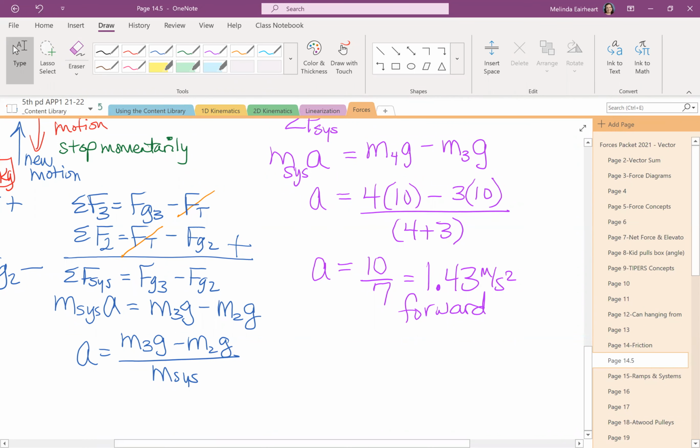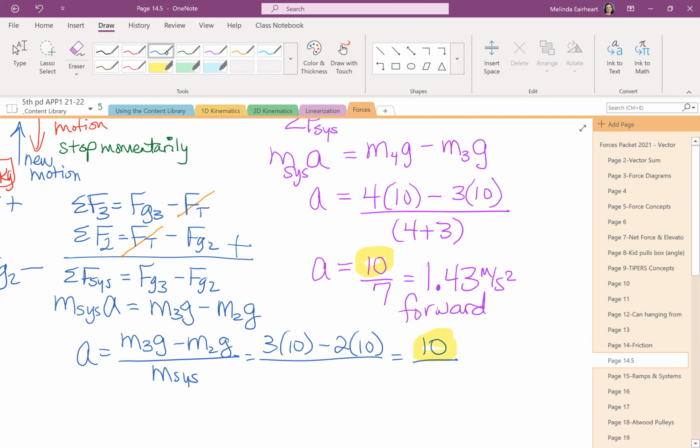Yes? So does that mean we get the same acceleration? Well, how does the denominator change? And so we still have 3 times 10 minus 2 times 10. So we still get 10 on the top. But the denominator is no longer 7.